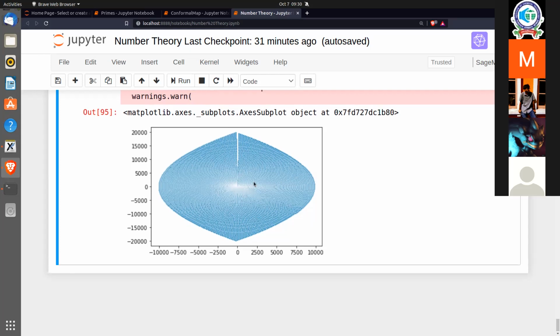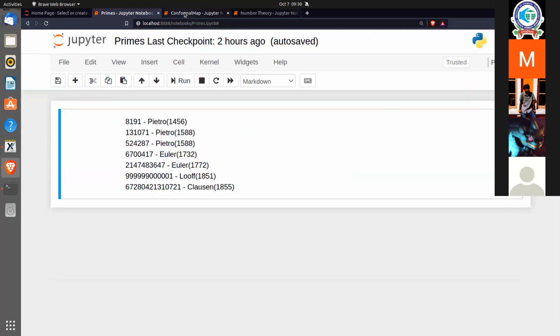One last property is that you can sort of see these parabolic patterns here, right? I discussed this with Vikram sir in my seminar course as well, where we're talking about conformal maps.